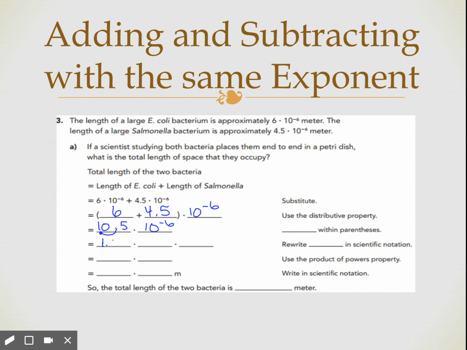So now I'll have 1.05. We moved it to the left one space. So 10 to the 1 power, or the first power, and 10 to the negative 6. So now I have 1.05 times 10 to the 1 minus 6, which would be 1.05 times 10 to the negative 5th meters.